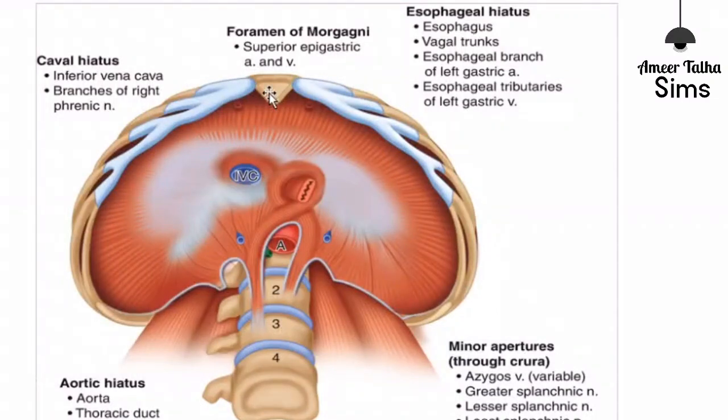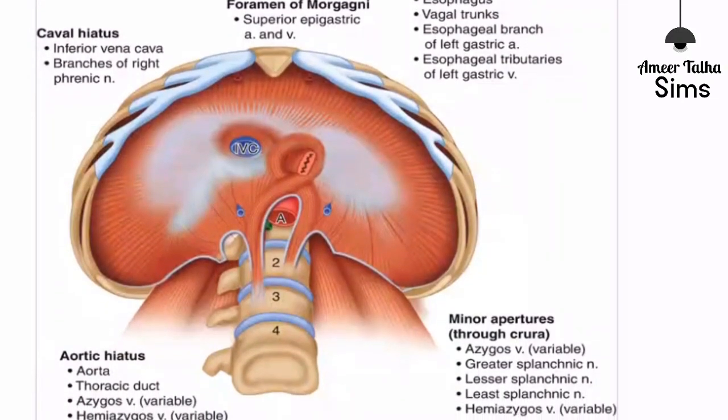So these are the apertures and the structures present in them. Now we'll talk about the relations of the diaphragm. The superior relations of the diaphragm include the pleura and the pericardium.